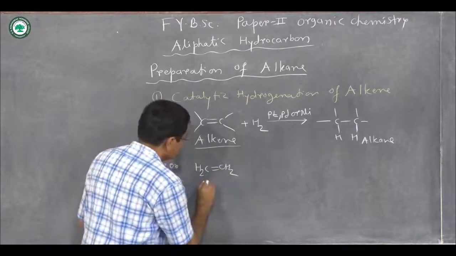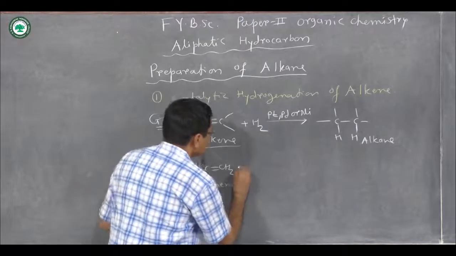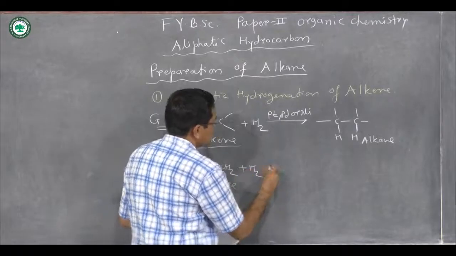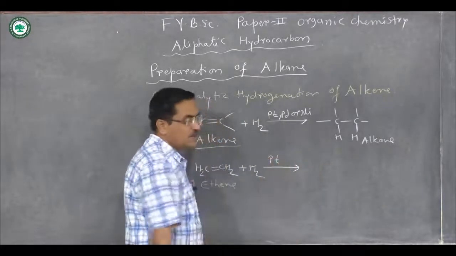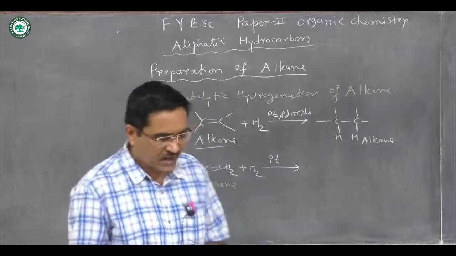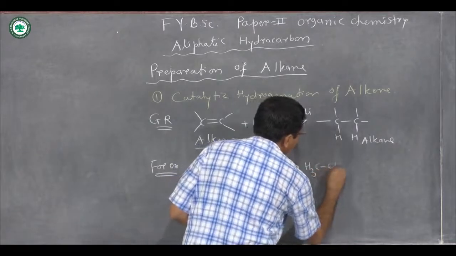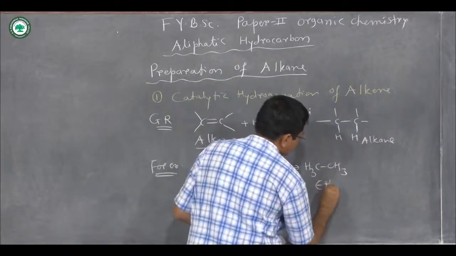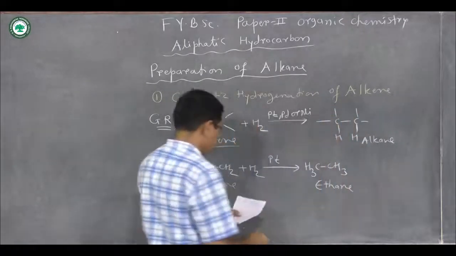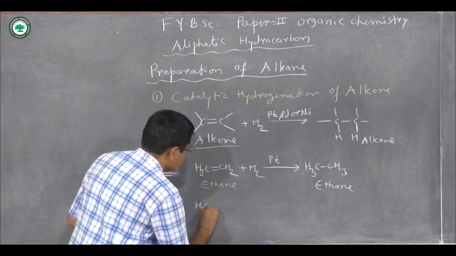Now some examples. This is ethene, with H2 gas in presence of catalytic amount of platinum, and it gives ethane. We take one more example here.